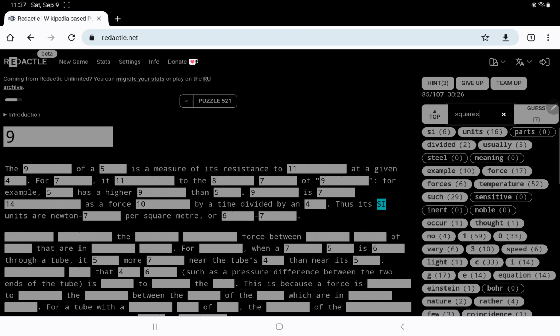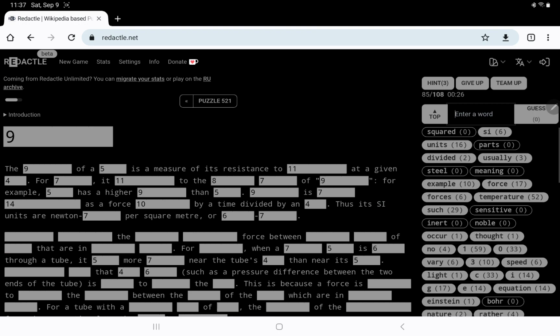Maybe are something squared? No. Newton? Do I know anything that is a Newton dash something? Newton. Well, how about gravity? No gravity.